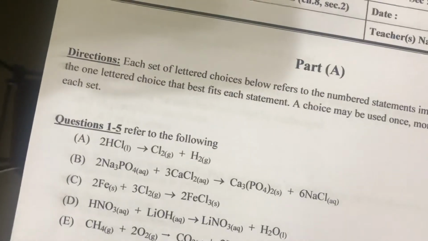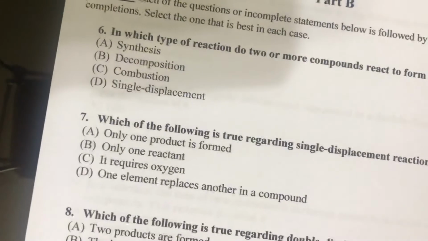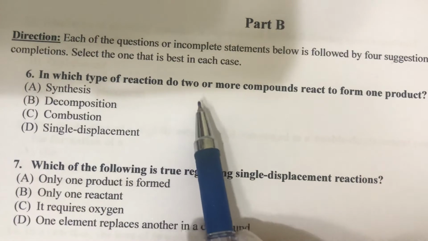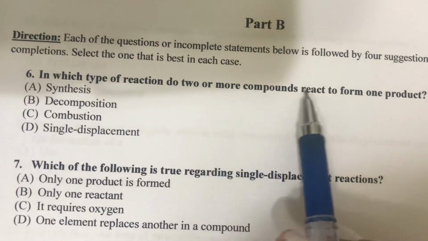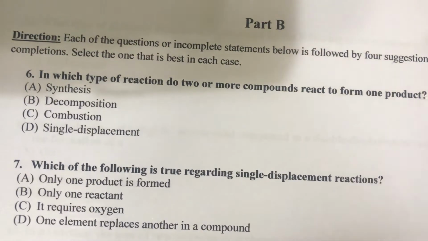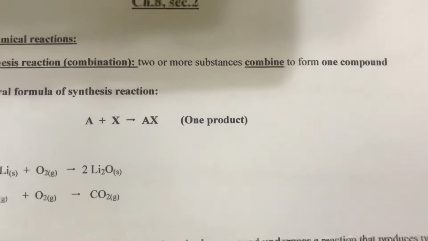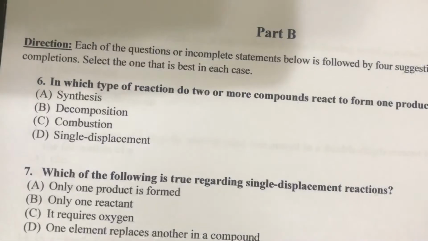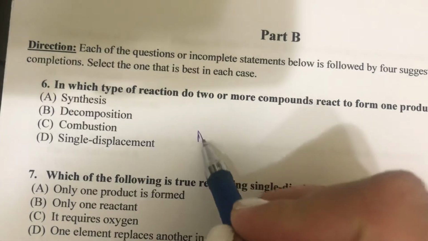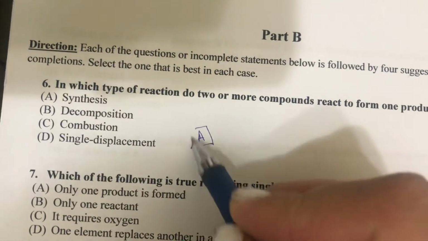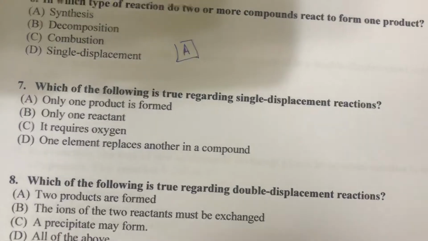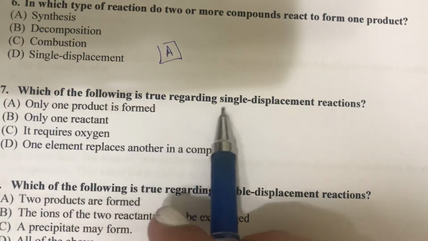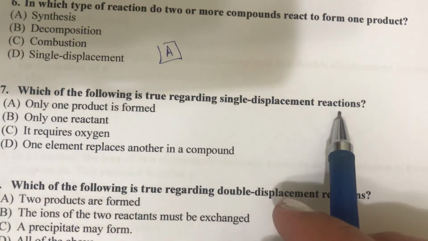So now question 6. In which type of reaction do two or more compounds react to form one product? To form one product, it's an example of synthesis reaction. So the correct answer is A. Now question 7. Which of the following is true regarding single displacement reactions?